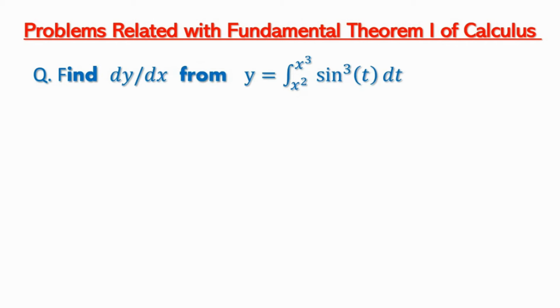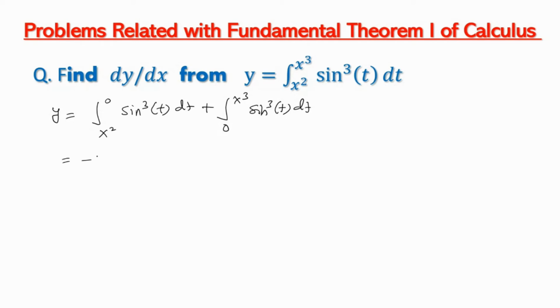Now in this problem we have both limits as variables, x square and x to the power 3. This problem can be solved by two methods. One is we can write this y as, say, the integral from x square to 0 of dt plus the integral from 0 to x to the power 3 of dt.